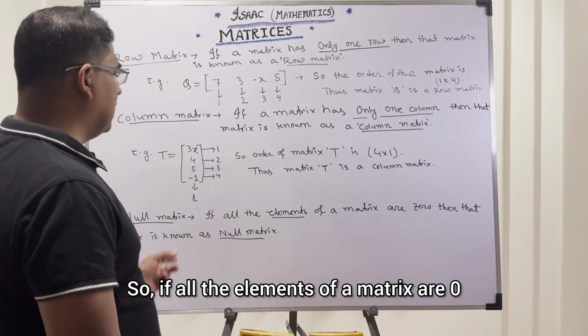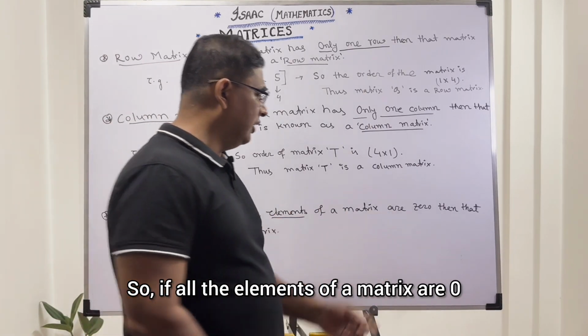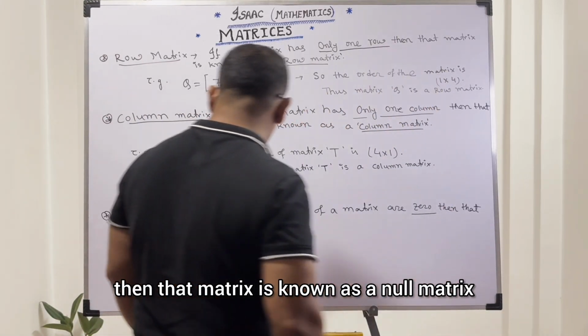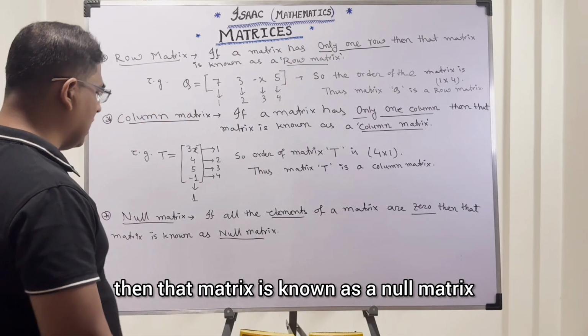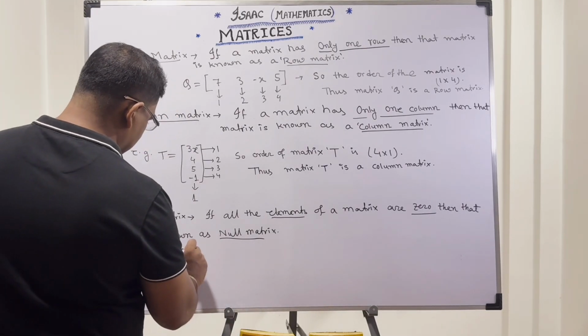So if all the elements of a matrix are 0, then that matrix is known as a null matrix. Example.